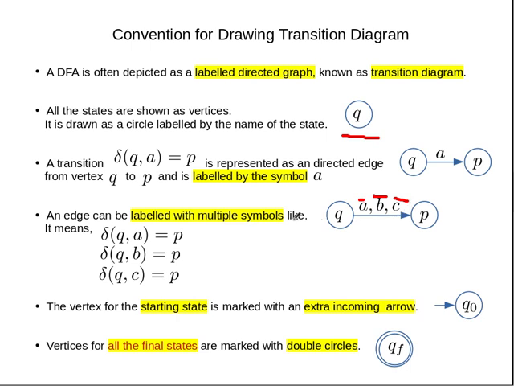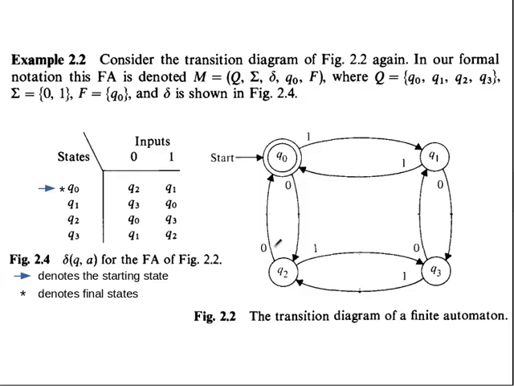This means that for all these symbols, if you start with Q, the next state will be P. So instead of drawing 3 different arrows, to keep the drawing simple, we label it with multiple symbols. And the starting state is marked with this extra arrow, and all the final states, okay, again there are multiple final states, so all the final states are marked with a double circle. Okay. So here is a more complicated example, right?